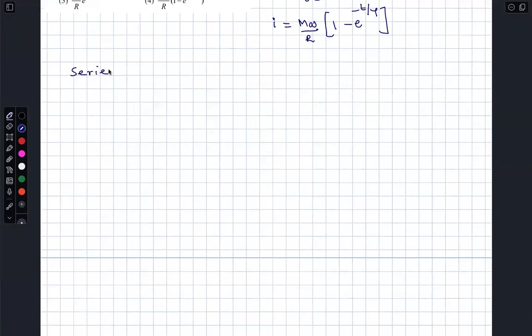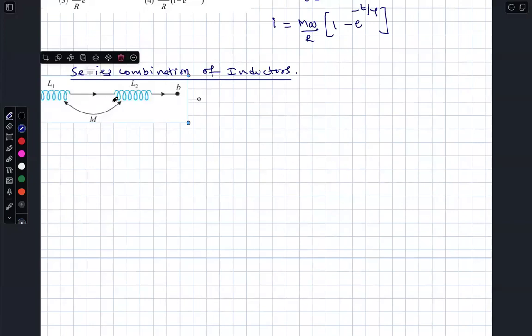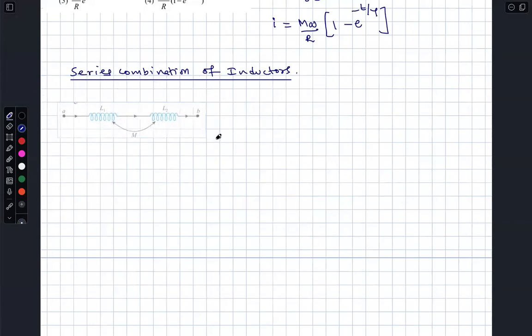Series combination of inductors. Let us take a situation where the linkage is such that the linkage is like this.